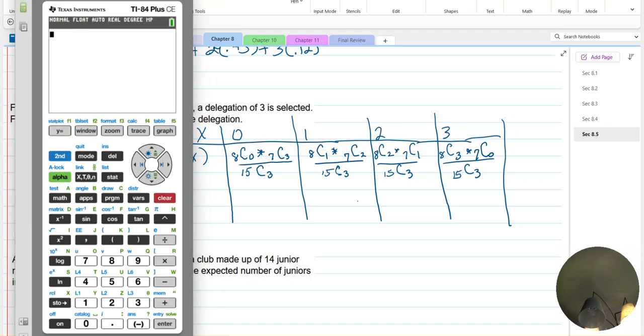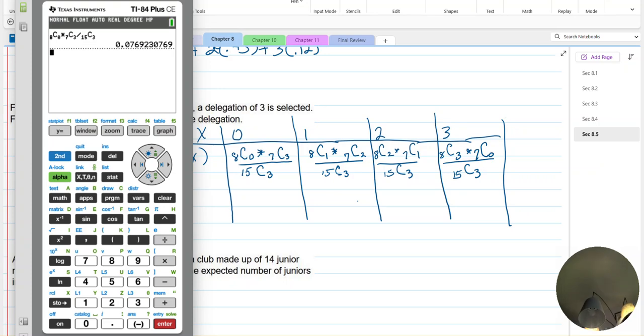All right. So we have 8 math PROB 3, and I'm putting 0. Side arrow times 7 math PROB 3 and 3, side arrow divided by 15 PROB 3 and 3.